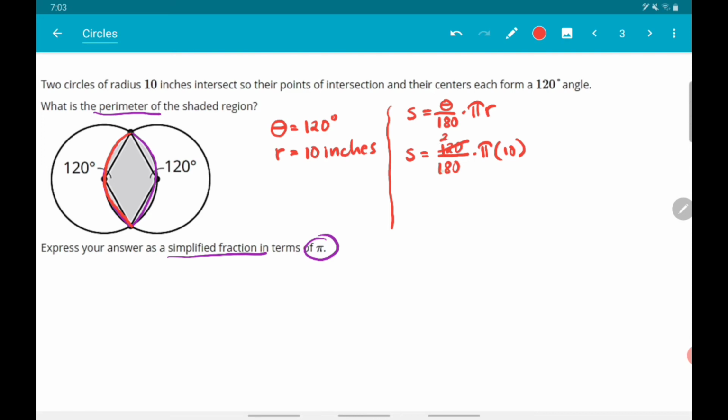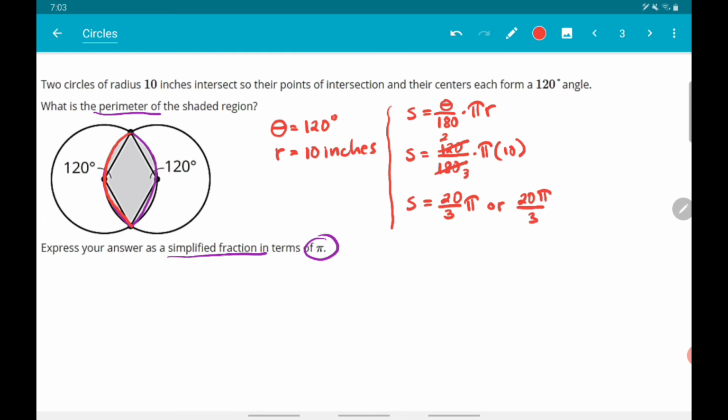And if we divide 180 by 60, we're going to get 3. So now we have a more simplified fraction here. So you have S is equal to 2 times 10 is 20 over 3 pi. Well, another way of writing this is you can also write this as 20 pi over 3.